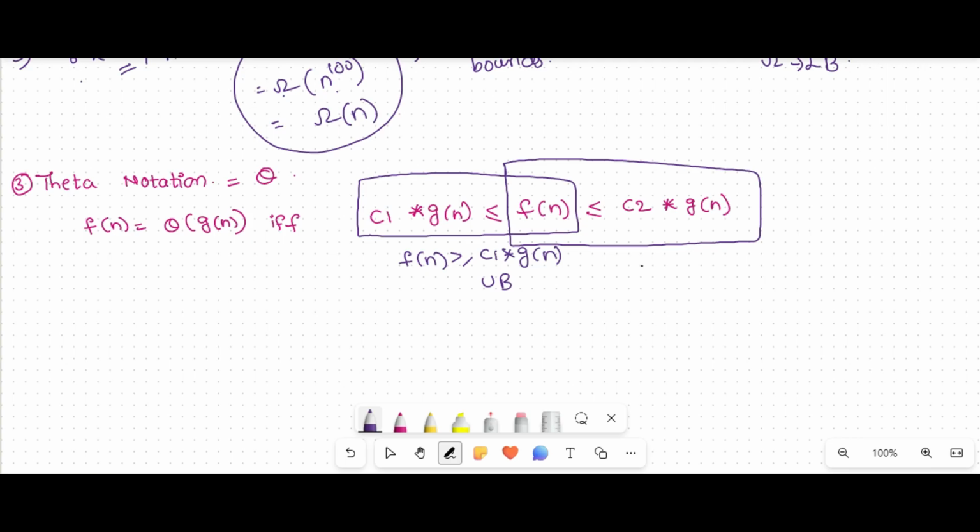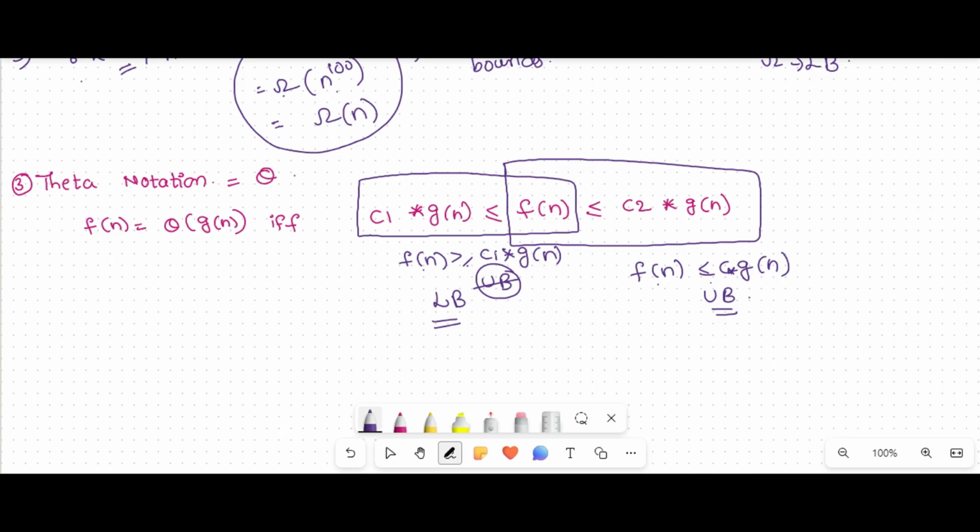Sorry, this is the lower bound. And f of n less than or equal to c into g of n is the upper bound. So lower bound and upper bound.